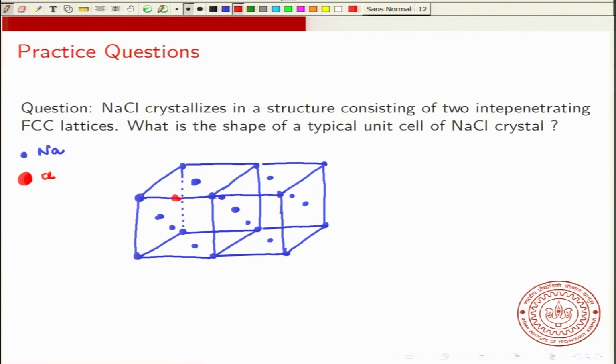So, here you have a chloride ion, here you have a chloride ion, and you imagine making an FCC lattice with these chloride ions. Now these are right at the center of this edge, so at the edge center, here.